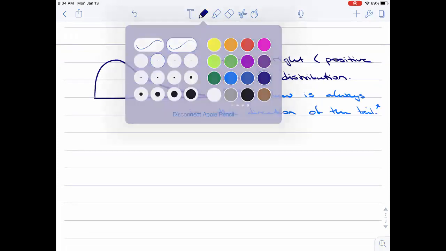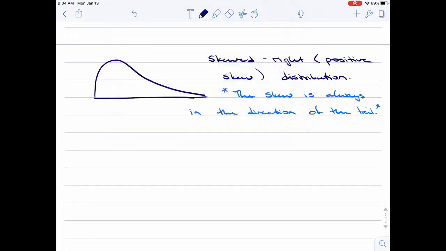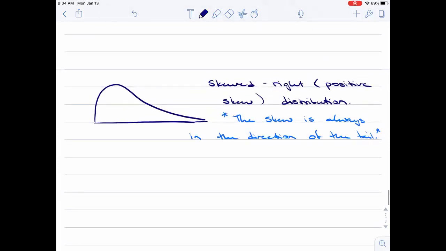Which to me used to always feel backwards, because I always wanted to talk about the lump, right? Where's the lump? But for us in stats, and this is a good warm-up, we always want to talk about these extreme observations. What's the probability of seeing something that extreme?